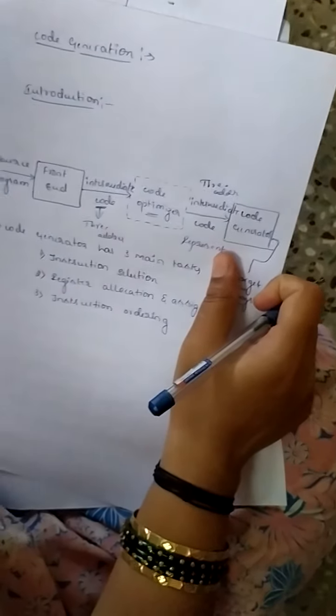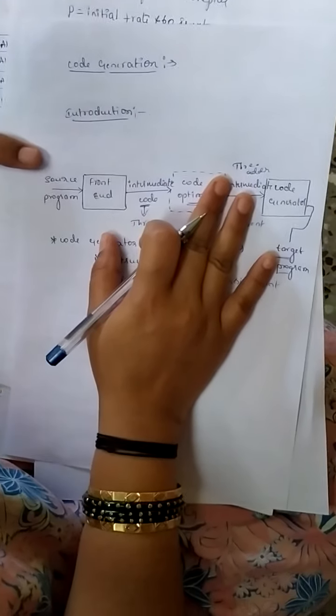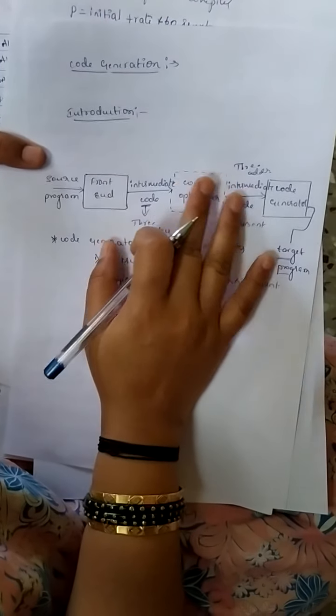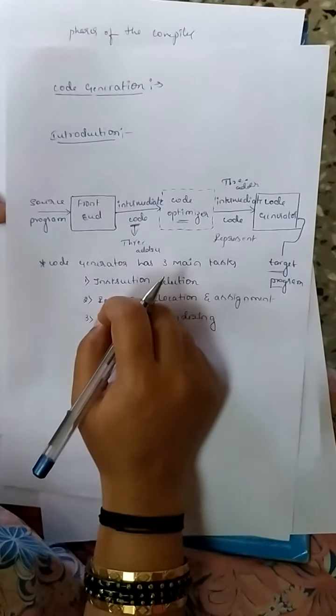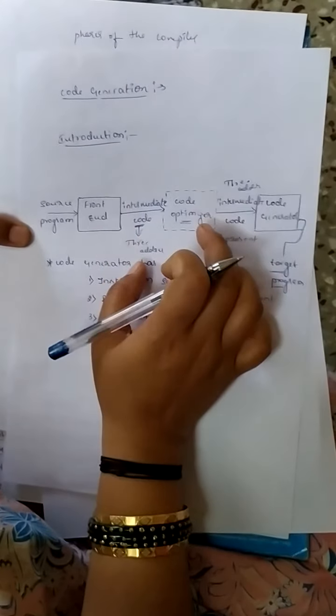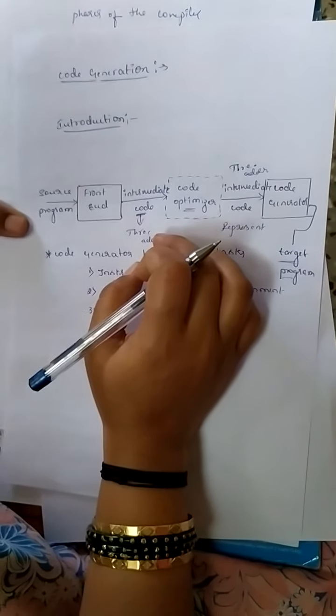If you consider this block diagram, the first point you can take is that code generation is the final phase in the compiler design.